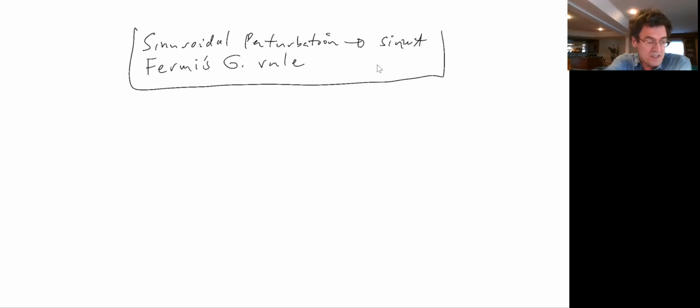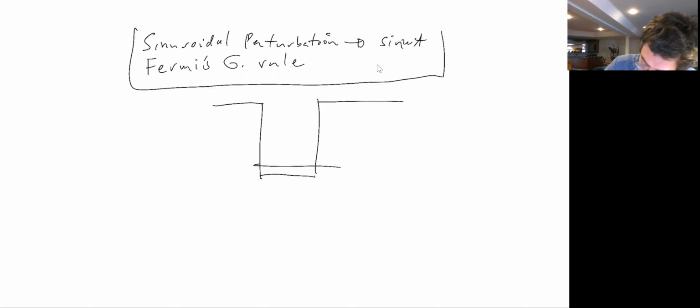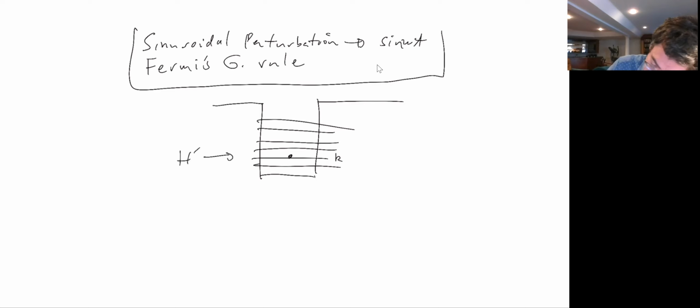And so last time what we did was we were talking about what happens when we have a system like a box, and we have a bunch of states, the unperturbed states, and we're initially sitting in some state, we'll call it the kth state, and then we want to know what happens when we hit that with a perturbation h prime, and then what the transition is to some arbitrary mth state.